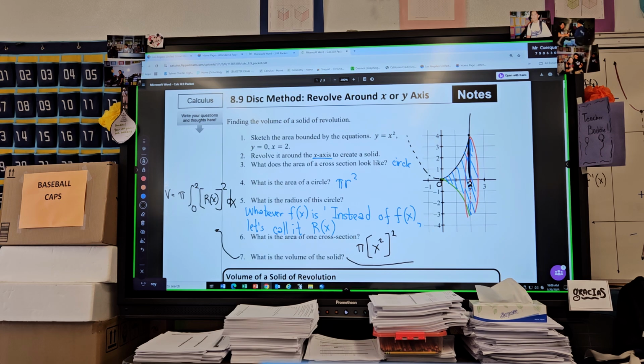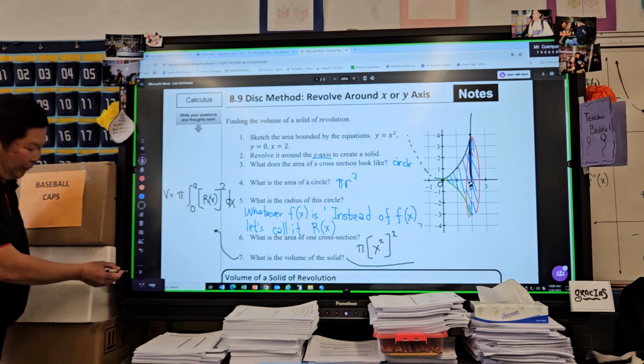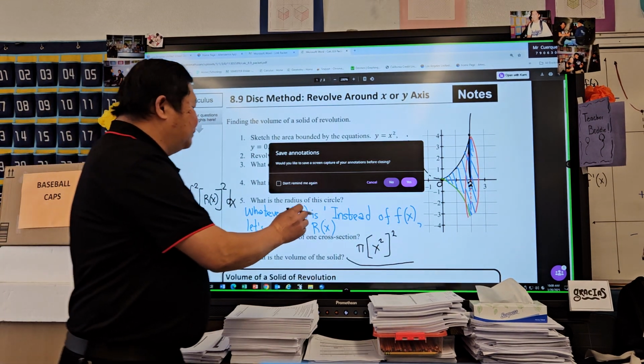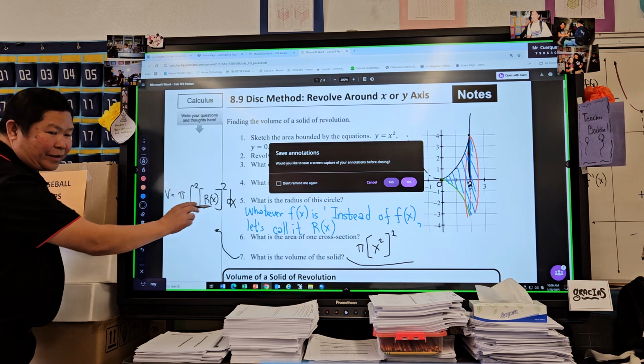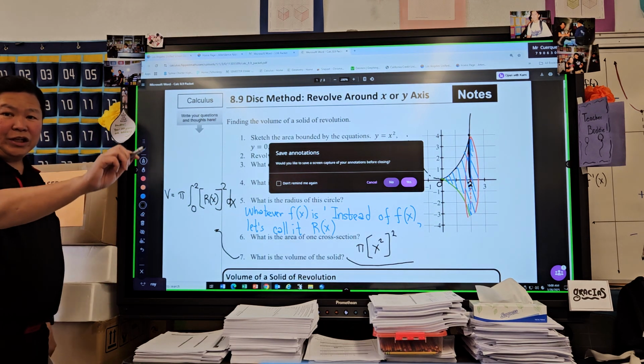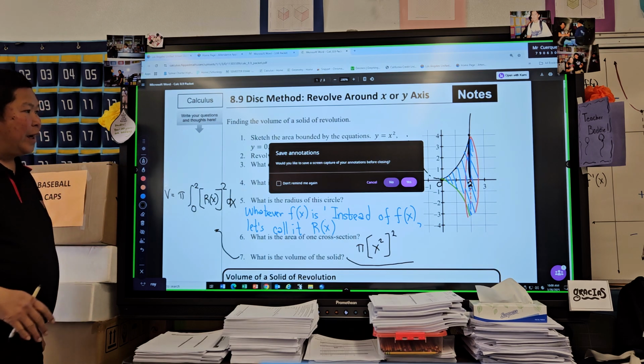Shall we do problem number 1 now? So why is it dx, not dy? This one has to be dx because the revolution is around the x-axis.